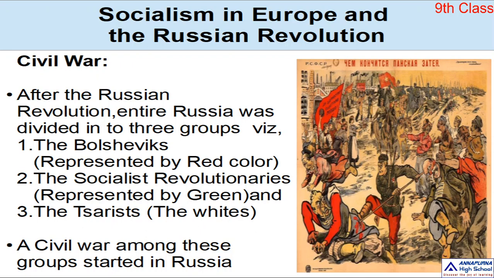The first one, Bolsheviks. The Bolsheviks were represented by a specific color, that is red. The Bolsheviks are revolutionaries, the followers of Lenin.